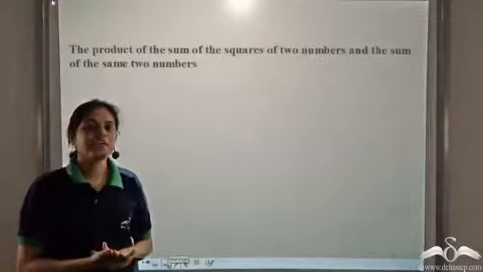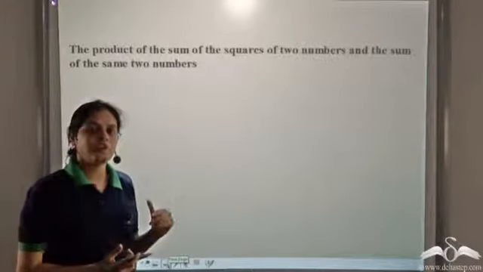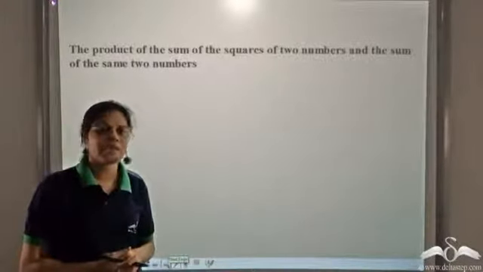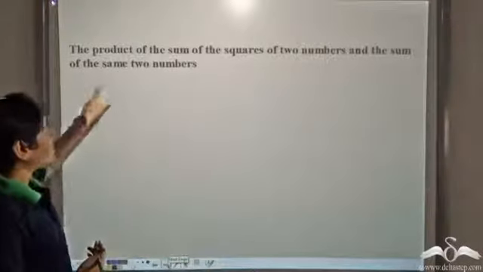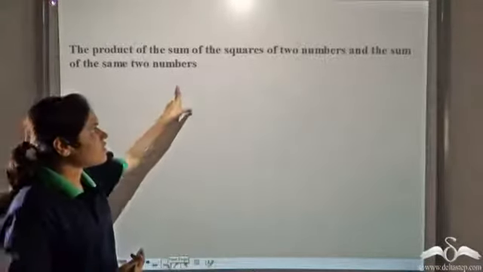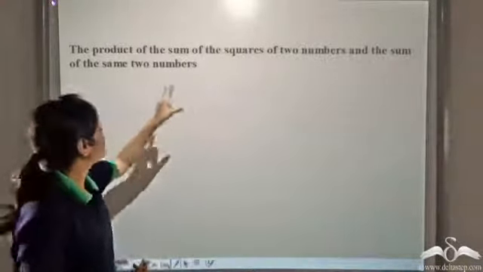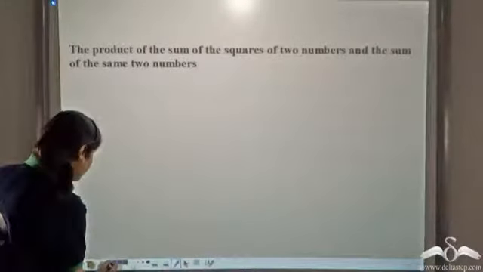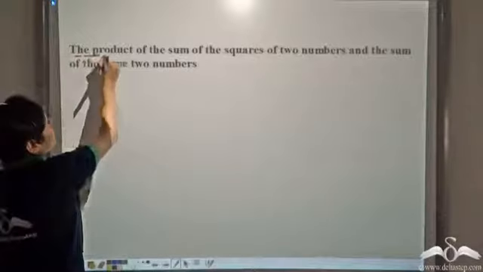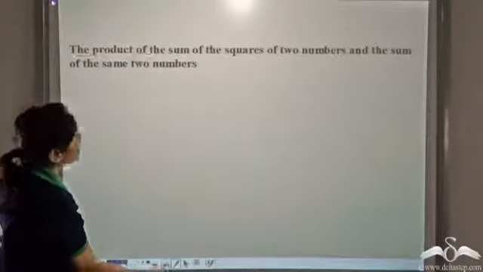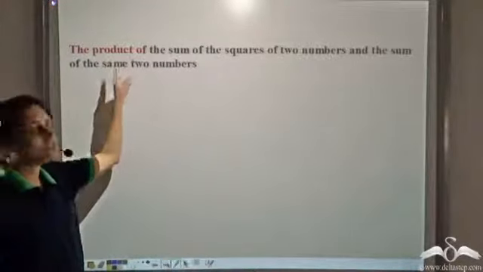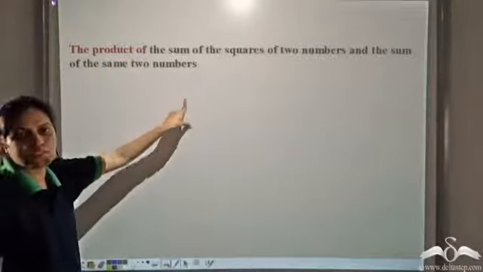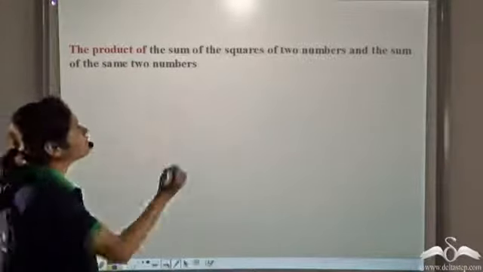Now let us try and convert this word problem into an algebraic expression. The product of the sum of the squares of two numbers and the sum of the same two numbers. Let us first consider the product of. So we need to find the product of two things. What are the two things?